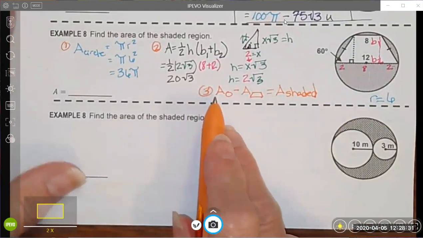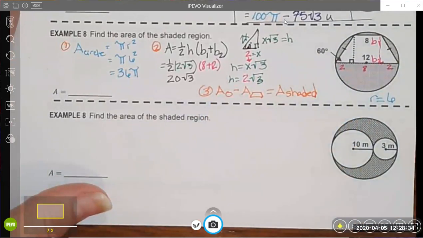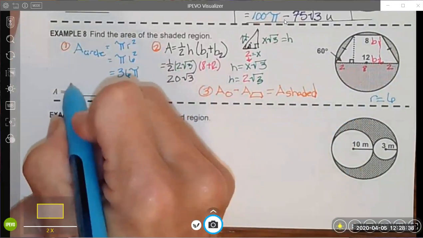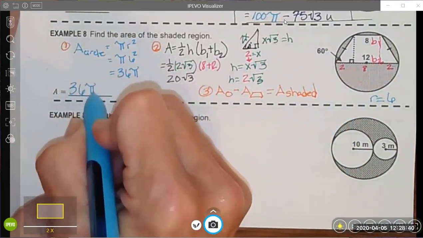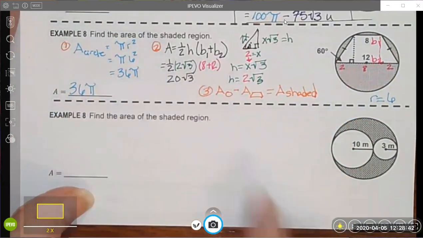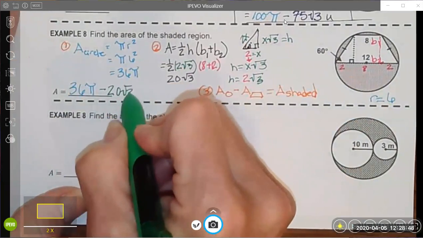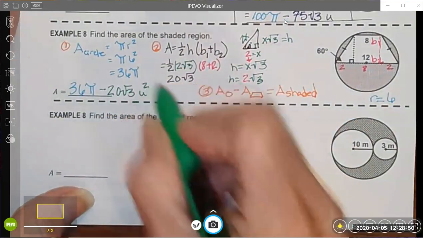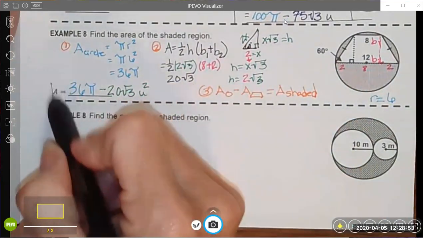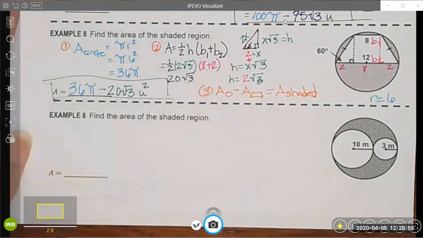You have to take the larger shape and subtract the smaller shape. In this particular case, the area of my circle is 36 pi units squared, and the area of my trapezoid is 20 square root 3 units squared. So the area of my shaded region can be represented by that expression.